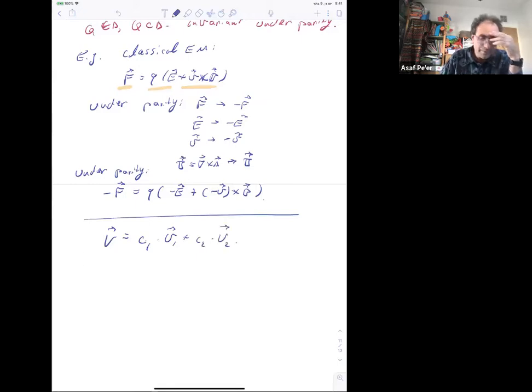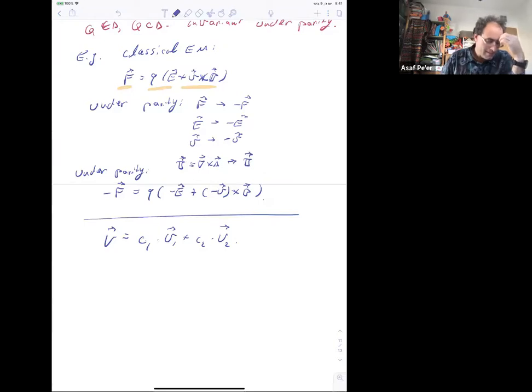And since all three vectors change sign under parity, then the direction and the magnitude of the measured quantity relative to the physical quantities of the experiment is not changed. Right, you with me? Yes or no?